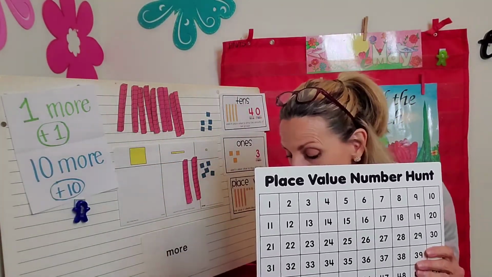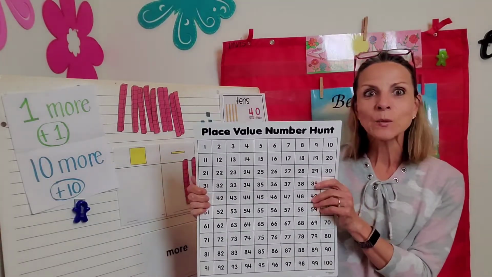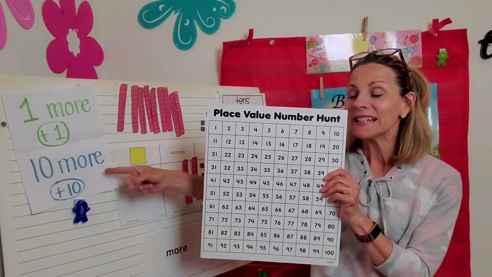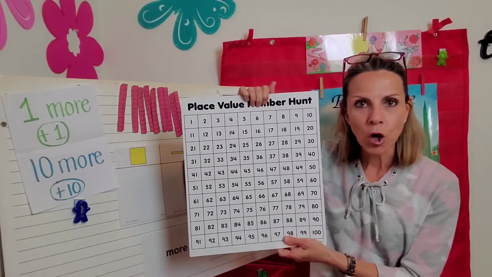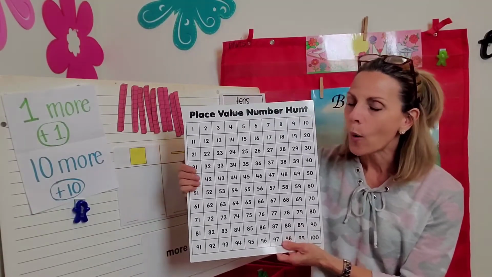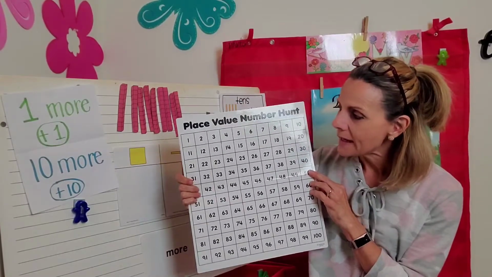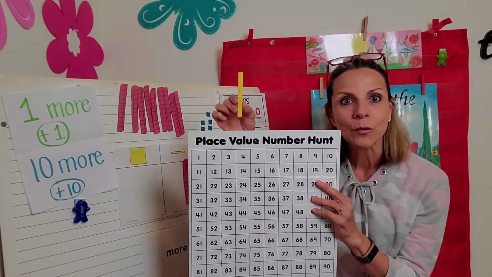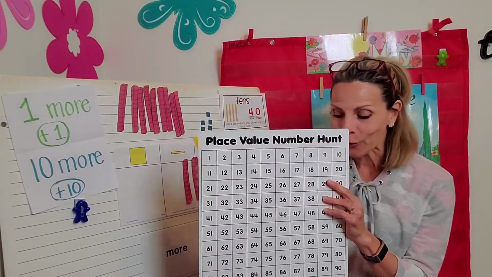There's some more patterns that we can think about on this 100 chart, and that's where we're going to get help adding 10 more. If we think about this 100 chart in a different way, we can use it as a tool to help us find 10 more. Now, this time, I'm thinking about my tens rod being straight, being vertical.